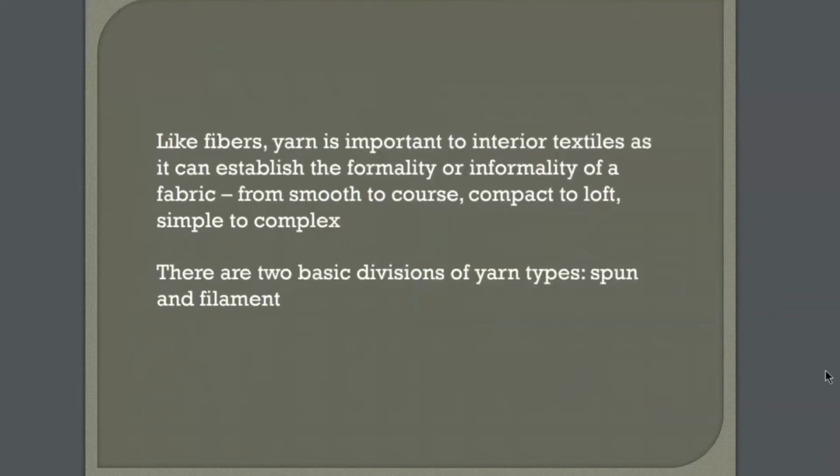So like fibers, yarn is important to interior textiles as it can establish the formality or informality of a fabric, from smooth to coarse, compact to loft, simple to complex. We just looked at one of the two basic divisions of yarn, the filament, and we'll also look next at spun.